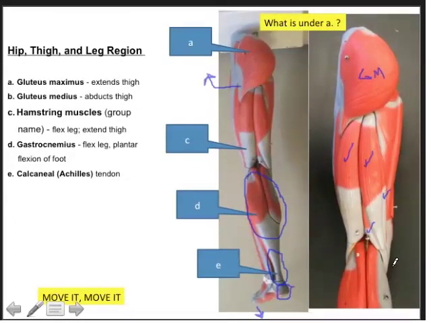And then you can see down here, this is the gastrocnemius. Okay, underneath the gluteus maximus is the gluteus medius. And so it's not visible in this picture because the gluteus maximus is covering it.